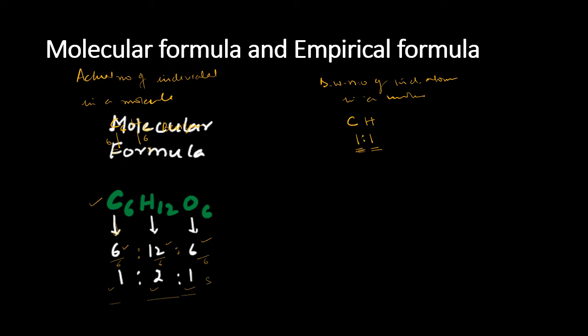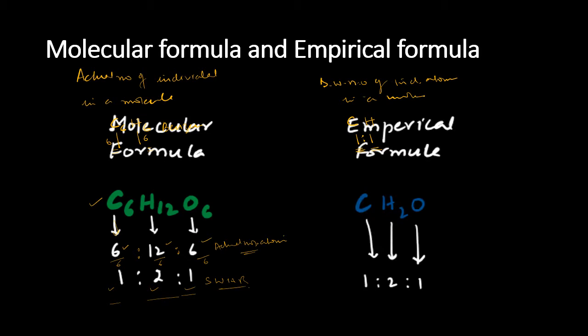This is the simple whole number ratio, and this was its actual number of atoms in the molecule. So the empirical formula for this molecular formula will become CH2O, because carbon, hydrogen and oxygen are in ratio 1:2:1. So carbon is 1, hydrogen is 2 and oxygen is 1.